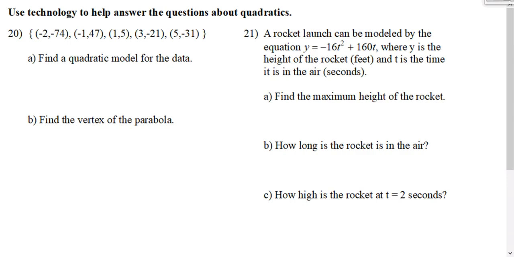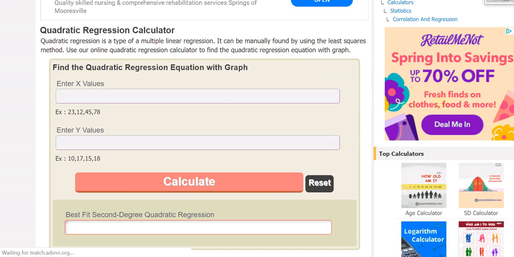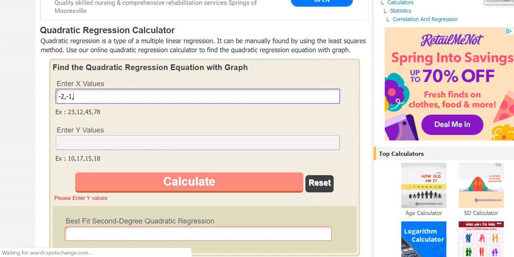We had to enter in all those points. So how it works is you enter in all your x numbers: -2, -1, 1, 3, and 5.